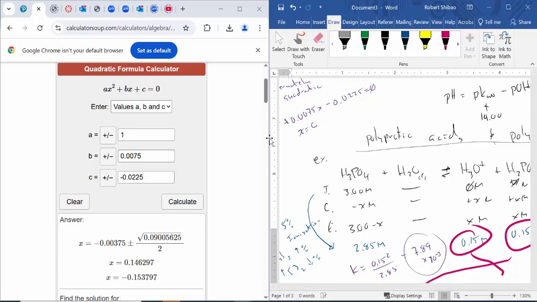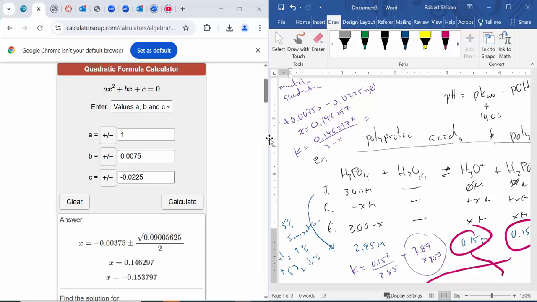So now I get an x of 0.146. I'm going to carry all the digits because I just want to see how it rounds. So now I'm going to get 0.146297 squared divided by 3 minus x. So let's see what that comes out to.